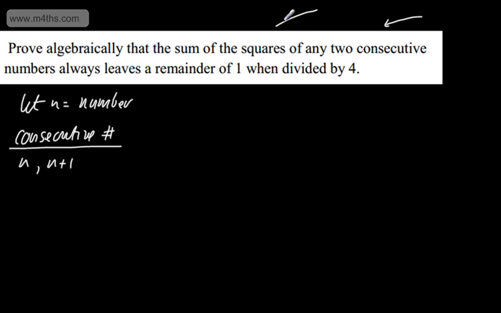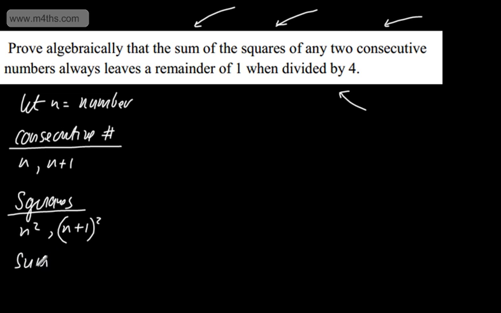So we're looking at the squares, we're looking at the sum, and we're looking at a remainder of 1 when divided by 4. So let's go ahead now and look at the squares. If I just jot this down, we're going to have n² and we're going to have (n + 1)².